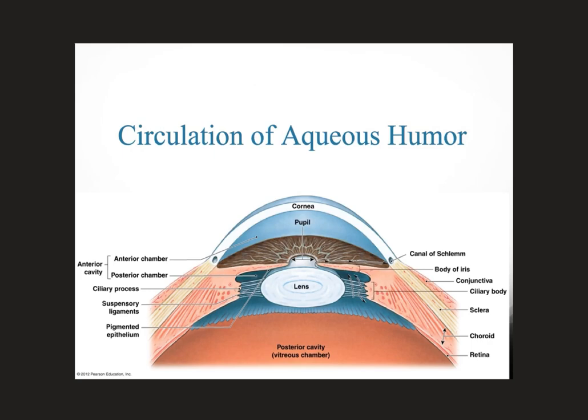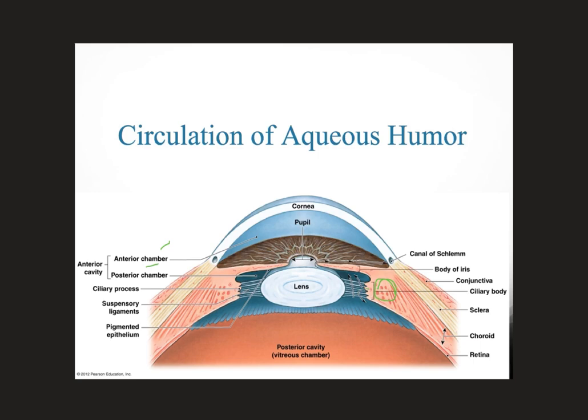Now, because in the anterior cavity we have two chambers, the anterior chamber and the posterior chamber, the fluid, which is the aqueous humor, has to circulate through these cavities. So the aqueous humor is going to be produced by the cells present here in the ciliary body.